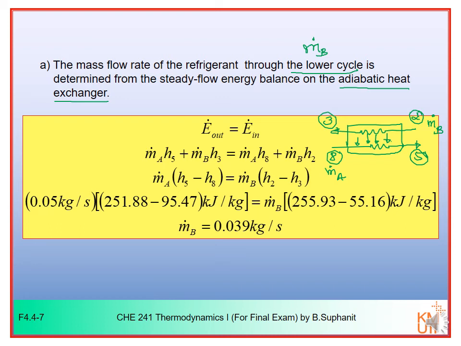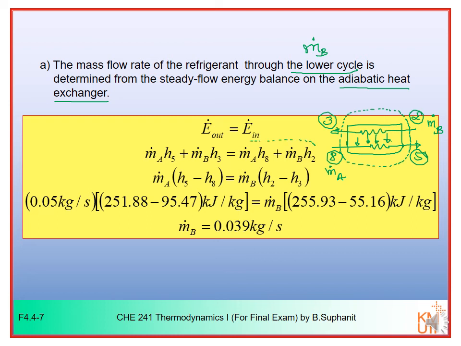Okay, so if you do the energy balance around the adiabatic heat exchanger here, you can write energy in equal to energy out. Energy in will be the energy coming in with the inlet streams. So you have MA H8 plus MB H2.